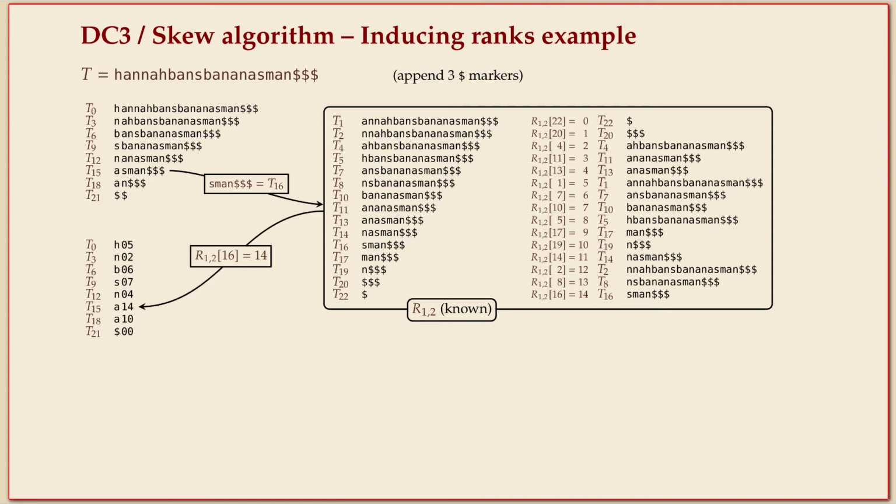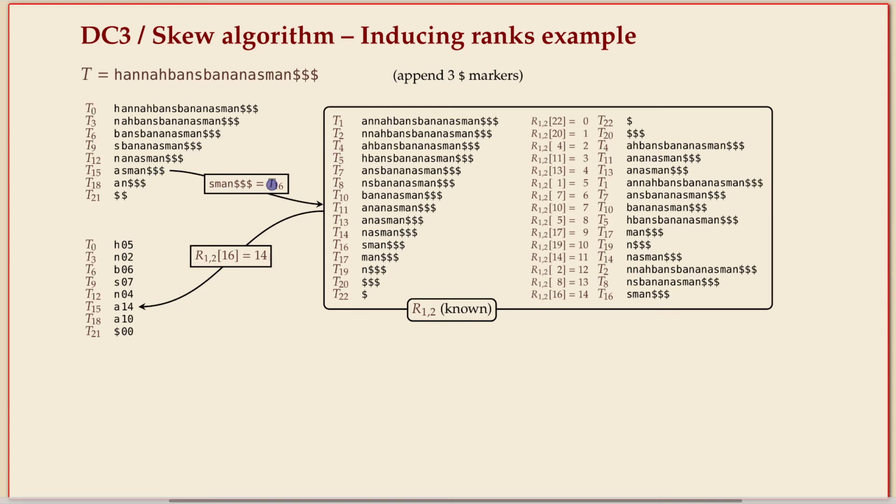And now we reduce this list of strings, which is tough to sort, to something that is efficient to sort, namely a list of pairs, or short strings if you prefer. And what we do here is we take the first letters. You see that this row of first letters is the same as above. It's just copied down. And then the remaining part, so in this example of T15, the remaining part is just S-man and dollars.